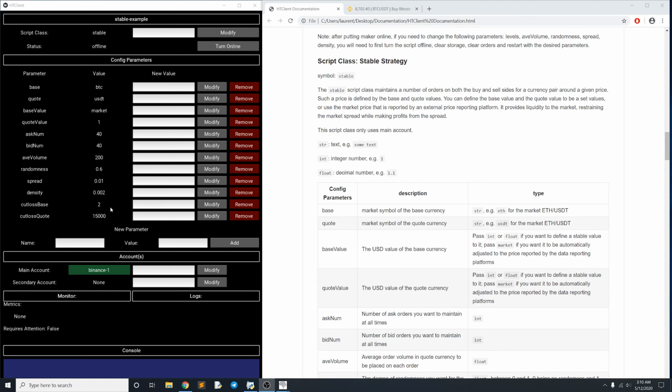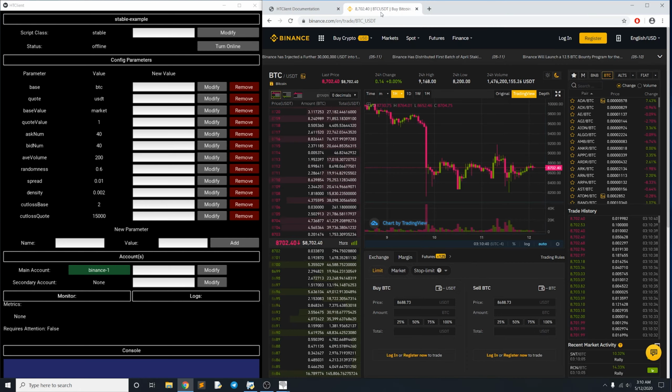So let's say that you have an exchange and you have a Bitcoin against USDT pair. And let's say that the price on your platform is 8.7K for Bitcoin against USDT. And the price on CoinGecko is 9K. And let's say that you have large sell orders on the way up to 9K.